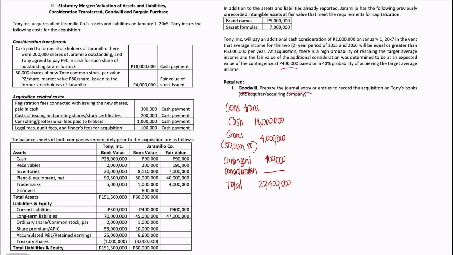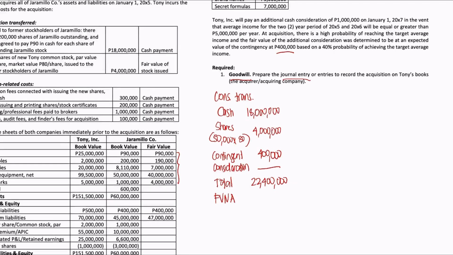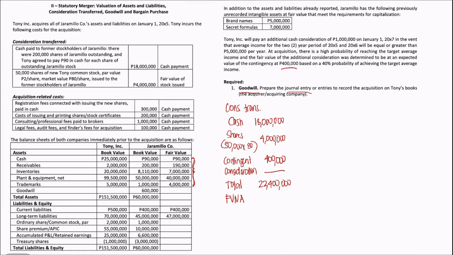Next, we compute for fair value net assets. We are given the fair value of the assets of the acquiree, and aside from these assets that are already in the balance sheet, we're also given additional intangible assets, namely brand names and secret formulas.